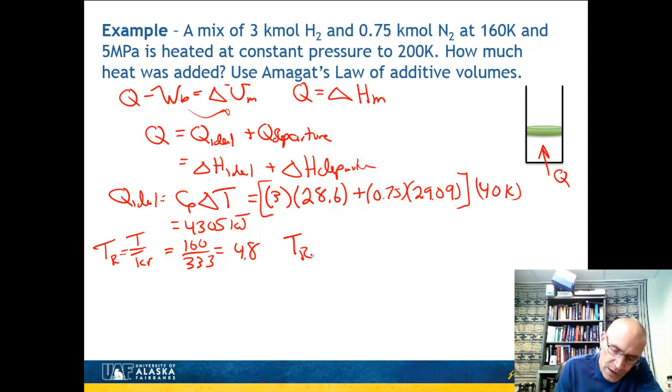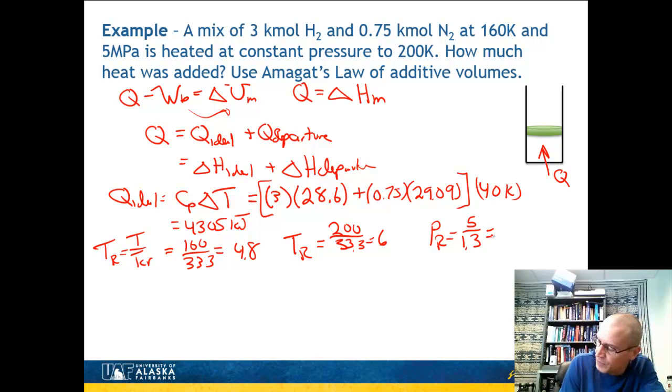And TR for the final state is 200 over 33.3, which is 6. And the reduced pressure, which is constant for this whole thing, is 5 megapascals over 1.3. So my reduced pressure is 3.85, and that remains constant. This is TR2, this is TR1, and both of those are for hydrogen.